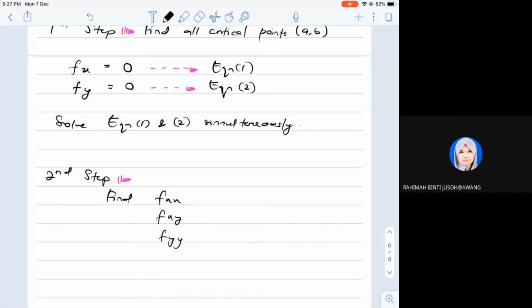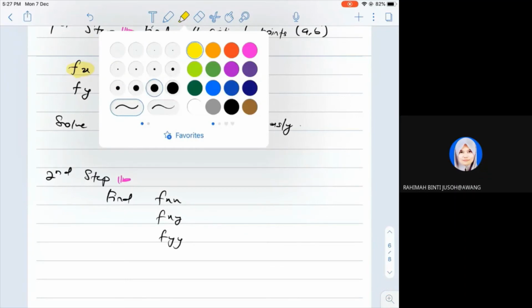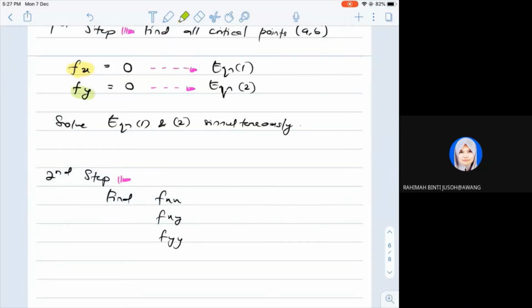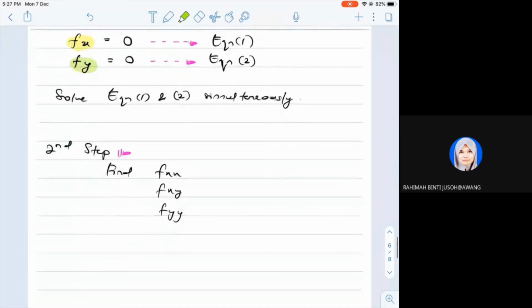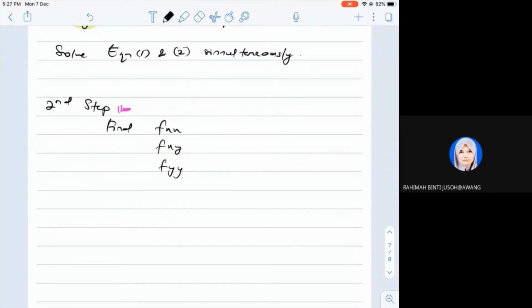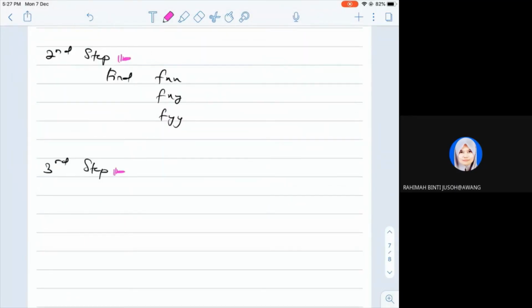You have to differentiate your fx again with respect to x and with respect to y, and then differentiate your fy with respect to y in order to get fyy. Alright, after we find fxx, fxy and fyy, the third step is also the decision. The third step is called the second derivative test.